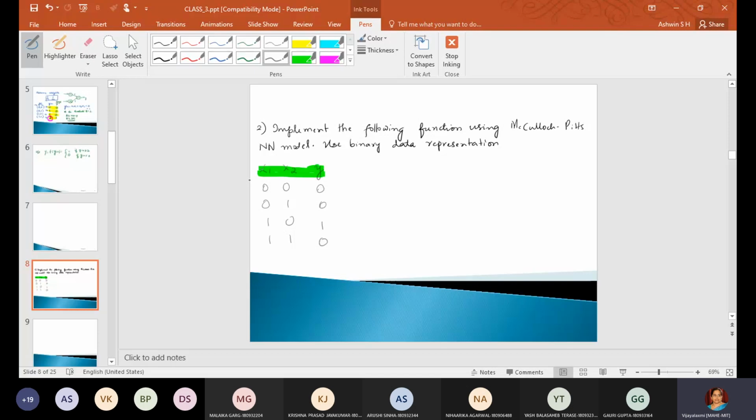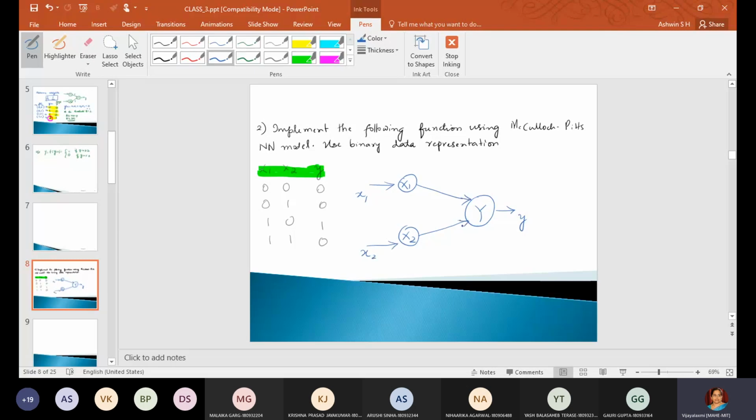Again, first you draw a model, a two input model, this is x1, this is x2, and this is y. I don't know the weights. That I have to decide now.